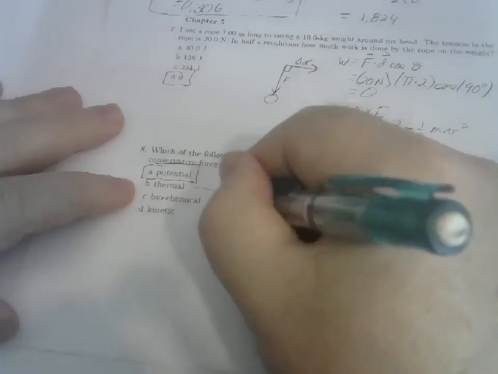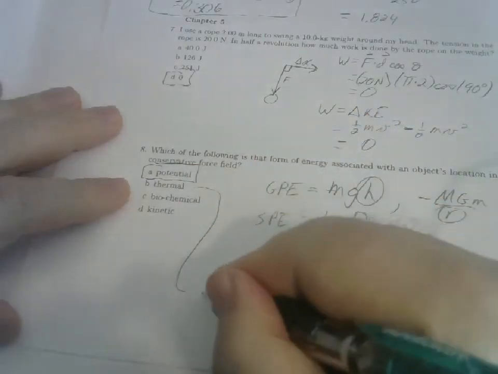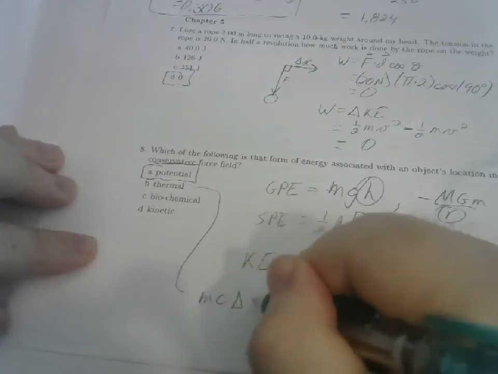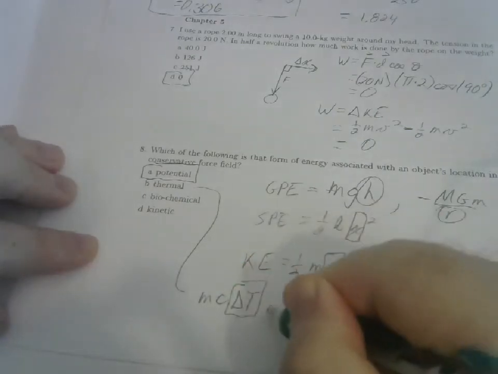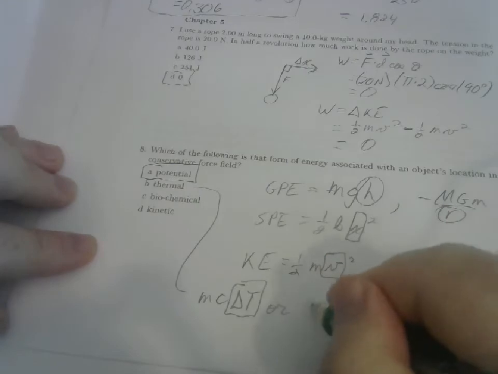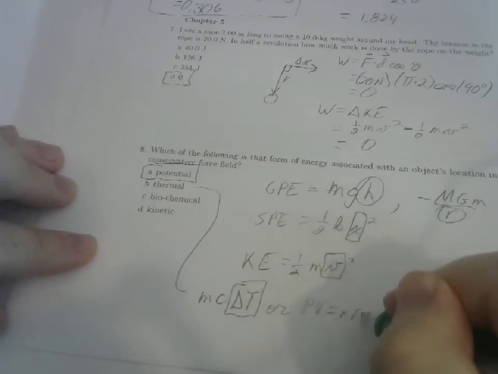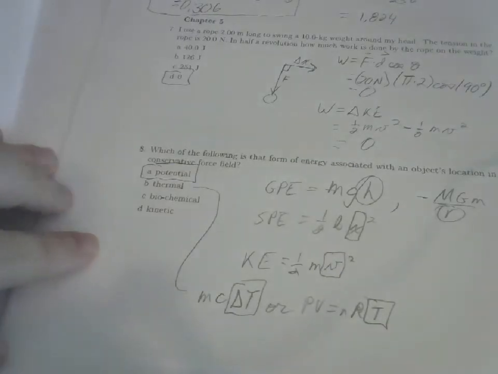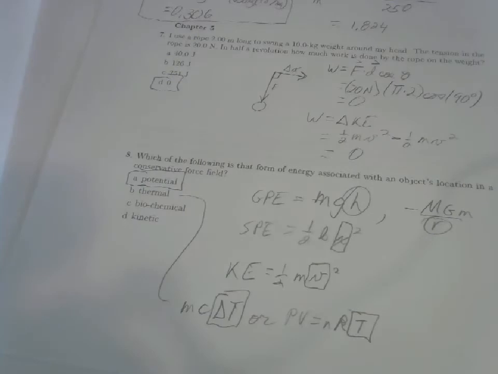And I'll just go with this one, mc delta t, or PV equals nRT, temperatures, just for future reference.